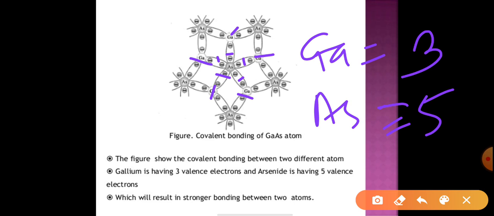So they are sharing the electrons, and this configuration is called covalent bonding.